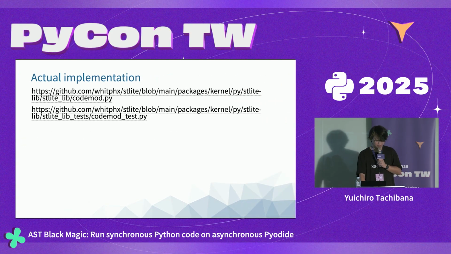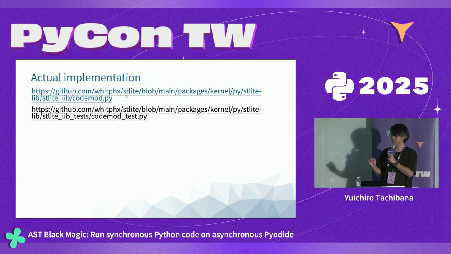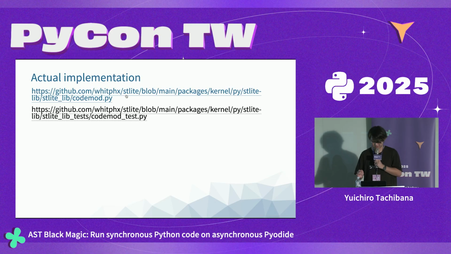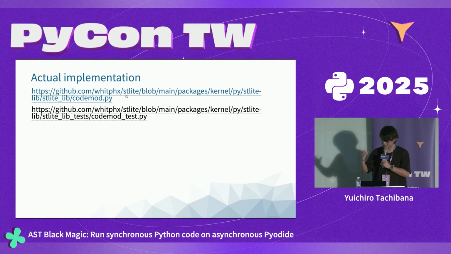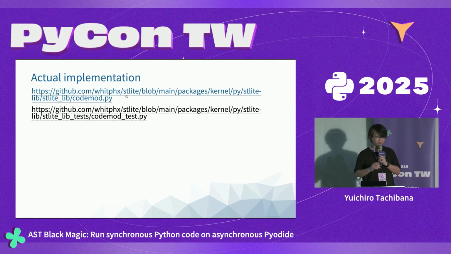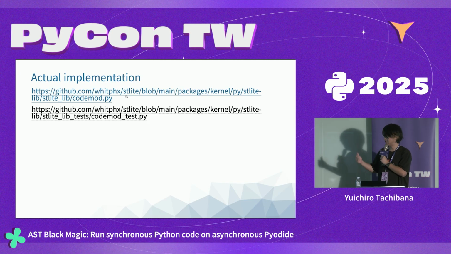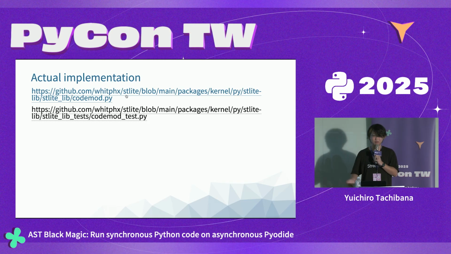All right, so this is my actual implementation if you're interested, although I have not provided an actual example of my own AST transformer class because it has more than 100 lines of code. But there is the actual implementation linked to this slide, so please take a look.